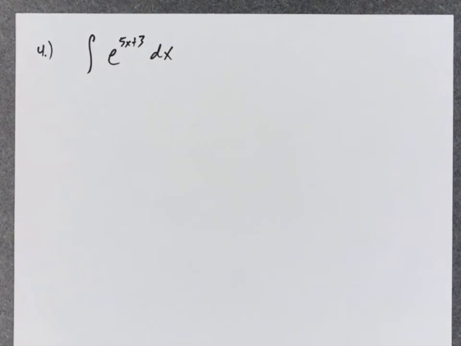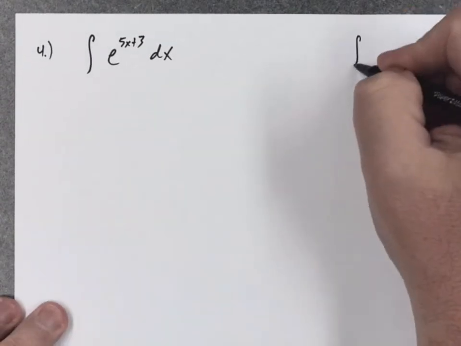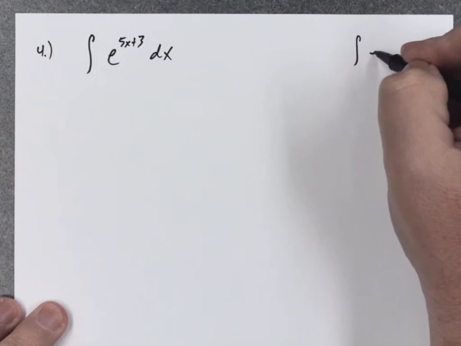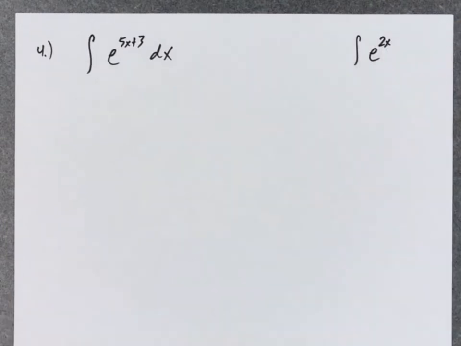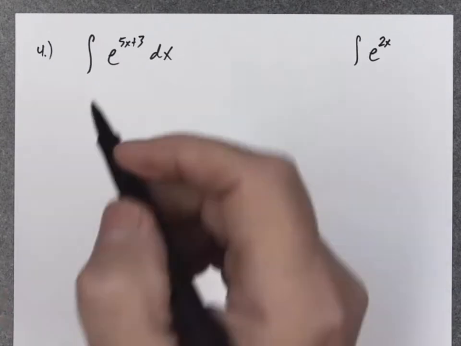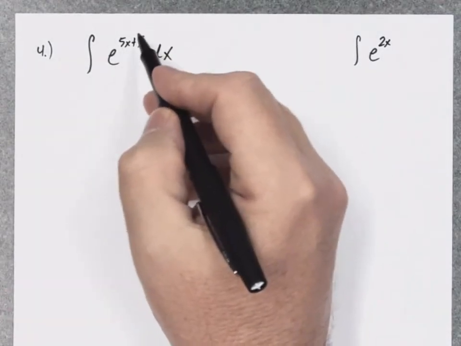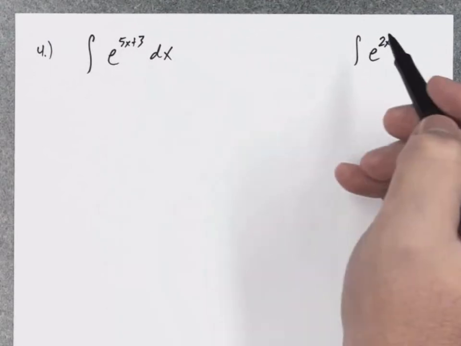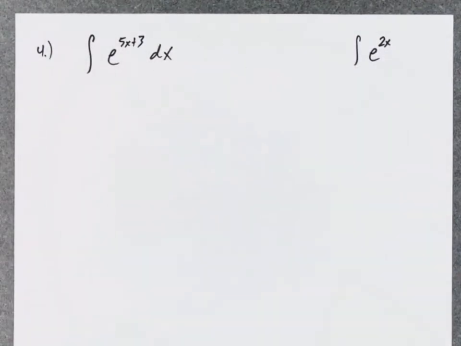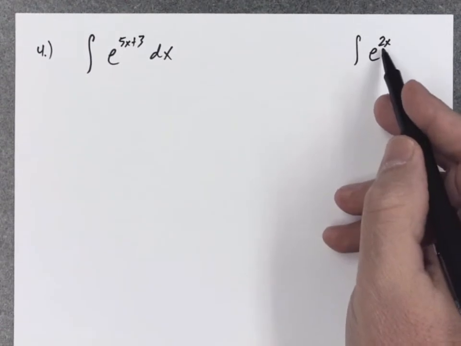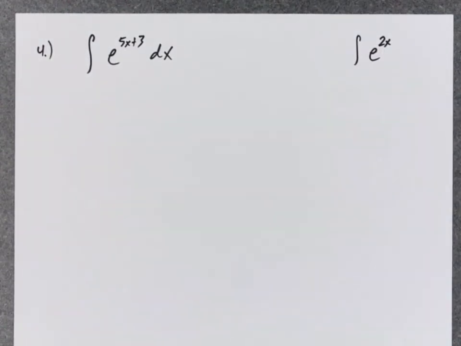Once again, if you remember, when we had rules for natural exponential functions, I told you it only works with a number times the variable, and that's it. Very well defined, very strict rules. Here I've got 5x plus 3. The rule I learned about integrating exponential functions does not apply here, so I can't just jump in and use it right away. So I'm going to try this u substitution.